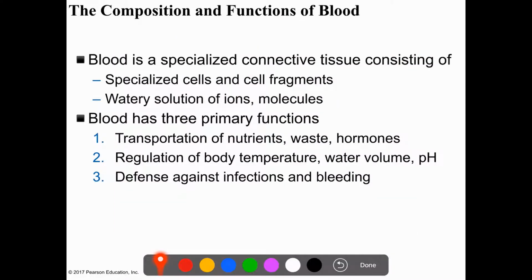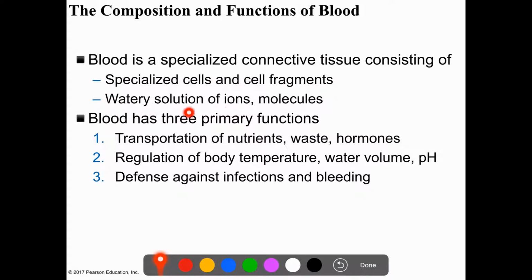Now, blood as a component of the cardiovascular system is a specialized connective tissue. So blood is a connective tissue, and this is the only type of tissue that is a fluid in our body. It contains specialized cells and cell fragments. We are going to talk about them.